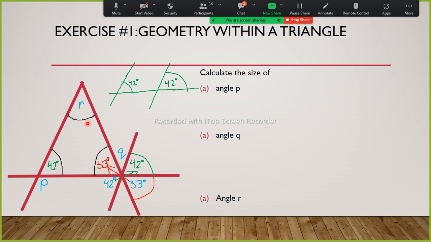105. Very good. Why did we subtract it from 180? Because angles in a triangle add up to what? 180. Very good.